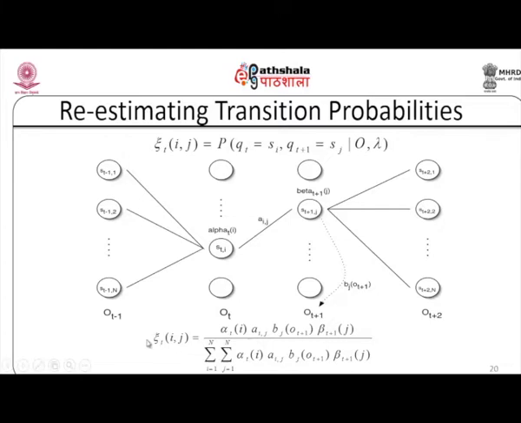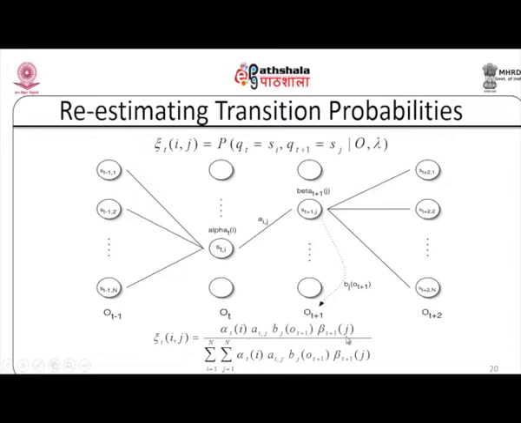So, how do we define this eta_t(i, j)? This is defined as the forward probability of being in state i at time t, alpha_t(i), then the probability of making a transition from state i to state j, that is a_ij, the transition probability, then the probability of emitting b_j at time t plus 1, and then you have beta_{t+1}(j).